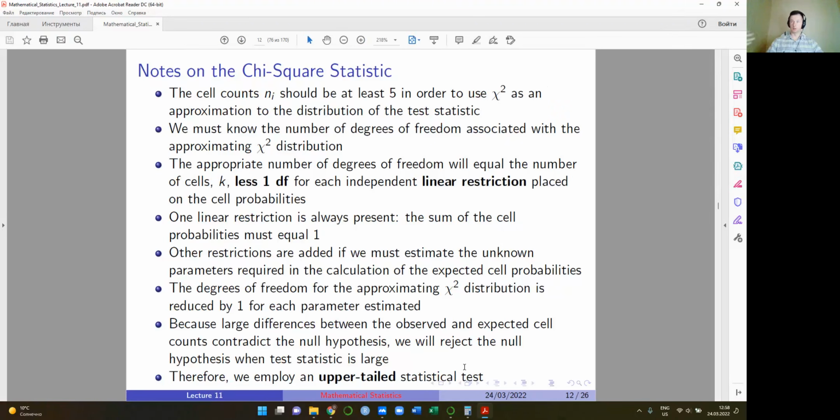What must be taken from this slide is that we must be careful when taking the number of degrees of freedom for this test, and this is called the chi-square statistic and chi-square test. And the alternative is always upper-tailed. The same story as for the F-test when we apply ANOVA, or when we apply the test of equality of two variances.